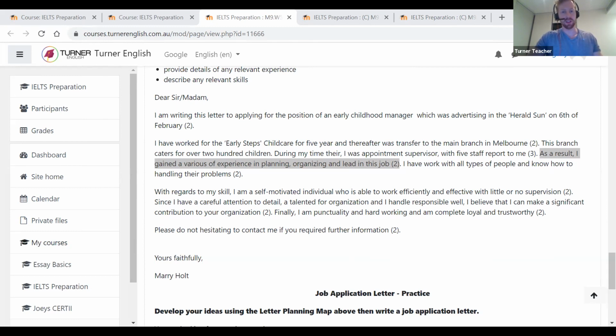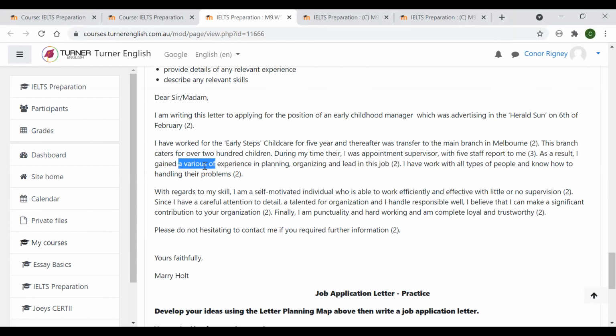So guys, it's a various of. What do you think can go instead of various and still make sense? Several? Multiple? Several's good, but it doesn't work grammatically because you can't say a several.